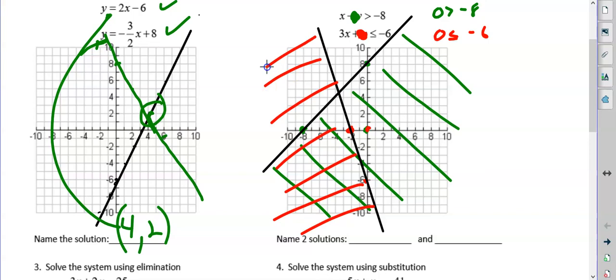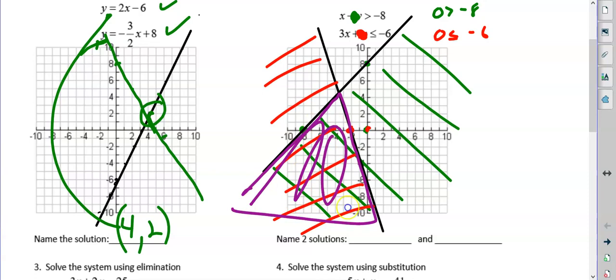Now, where is my area of my answer? It's this right here. That's my area. And if it says name 2 solutions, just pick anything in that area. Okay?